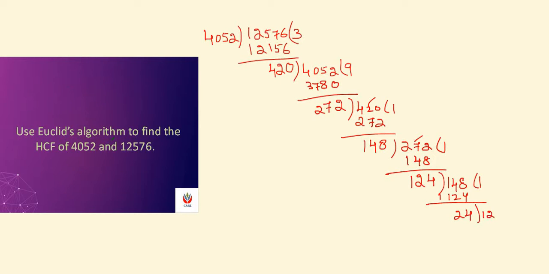Still need to continue. 124, how many times? It goes by 5 times. You are getting 120. I had written it wrong here. So what are we getting as the new dividend? 124.